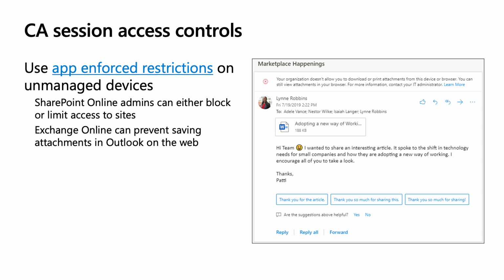So with an app enforced restriction, we can target Exchange Online and ensure that when an unmanaged device attempts to use Outlook on the web, that we prevent that user from being able to download attachments or even print attachments, thereby reducing what data is left on that unmanaged device after the session ends. This is a great way to enable your users to be able to access their email on personal devices.